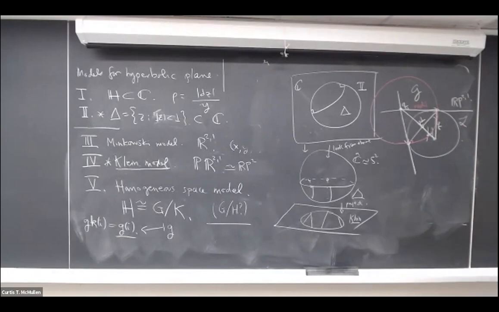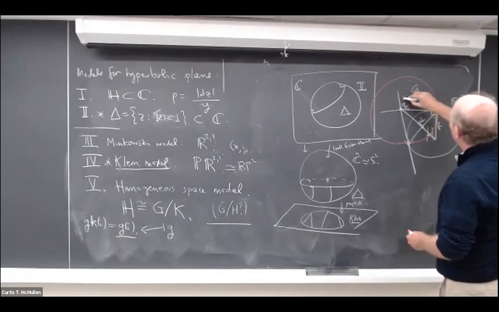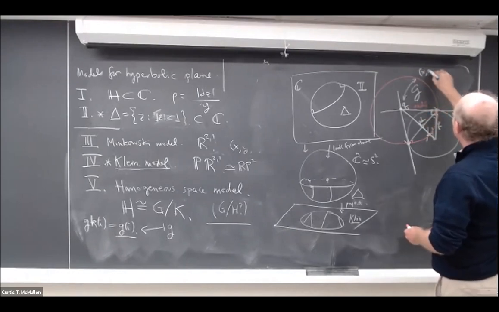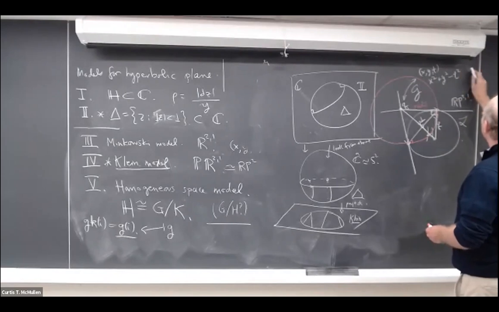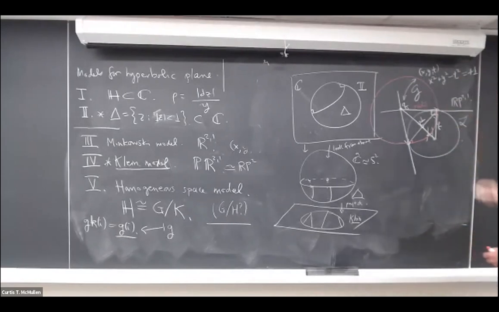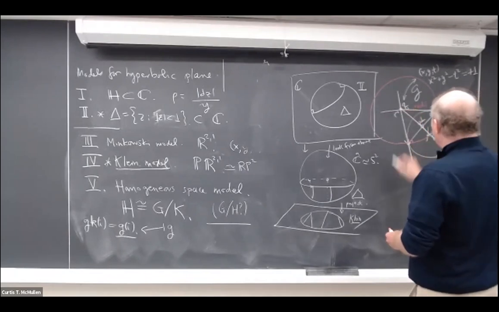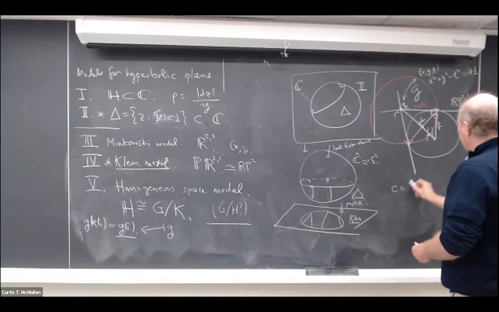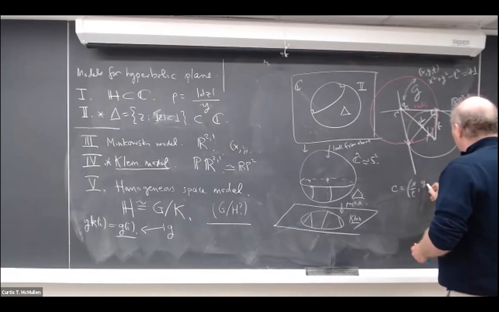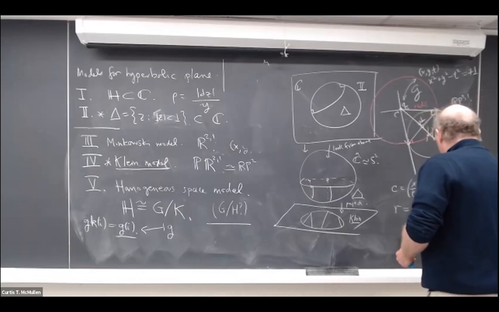And what you find using that right triangle is the following beautiful fact. If Q corresponds to the point x, y, t with x squared plus y squared minus t squared equal to +1, then the center of the circle, C, is what you get by projectivizing this. And so the center is x over t, y over t. And then the radius of the circle turns out to be 1 over t.